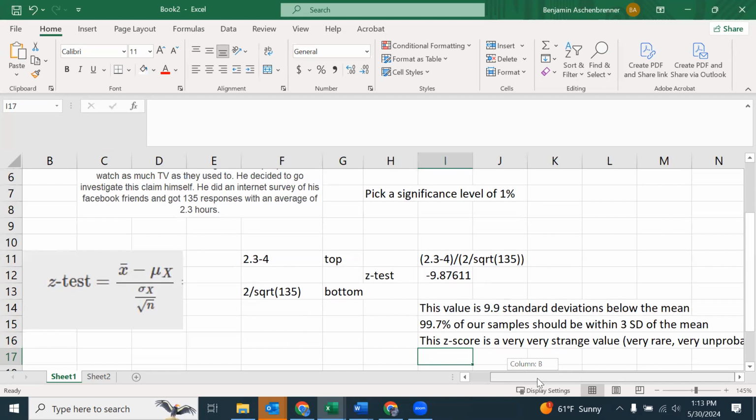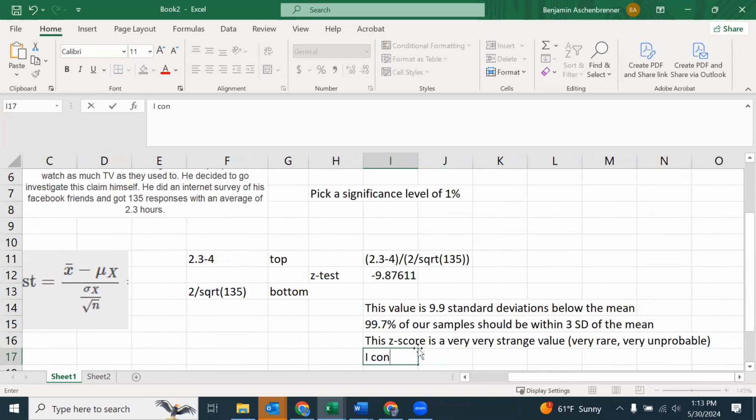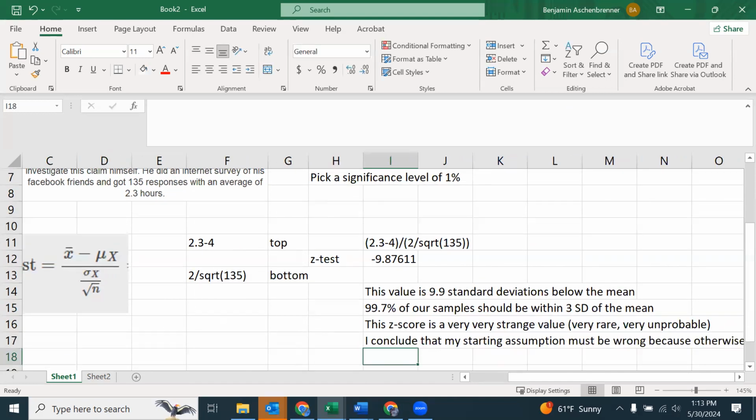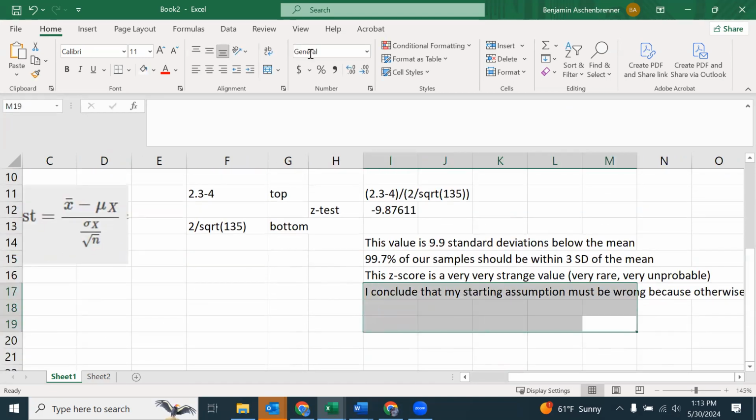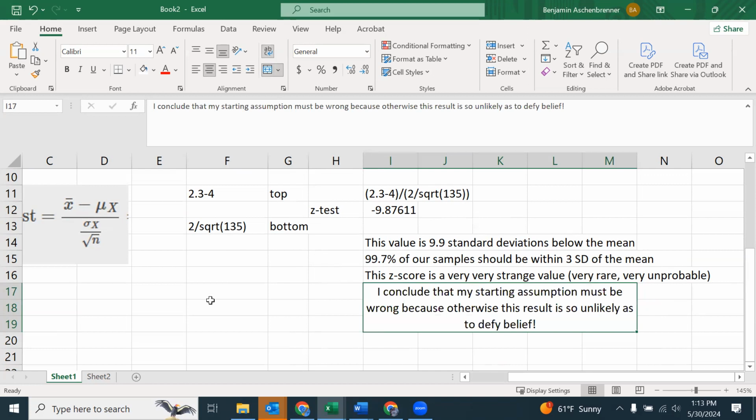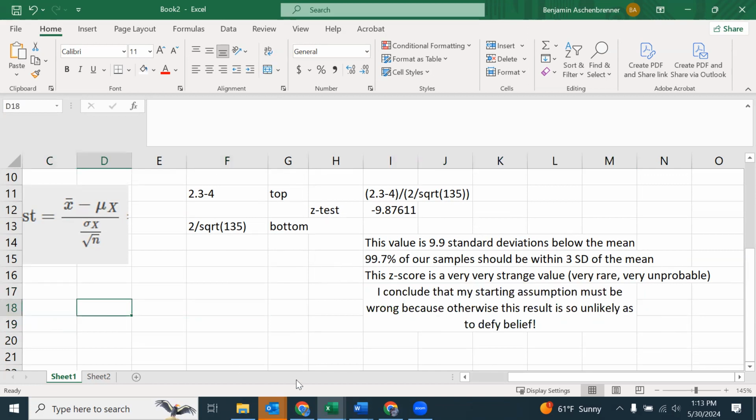And so what I'm going to do here is conclude that my starting assumption must be wrong, because otherwise this result is so unlikely as to defy belief. So that's essentially what's happening here. And I tried to show kind of a mathematical example. I'll just do it here.